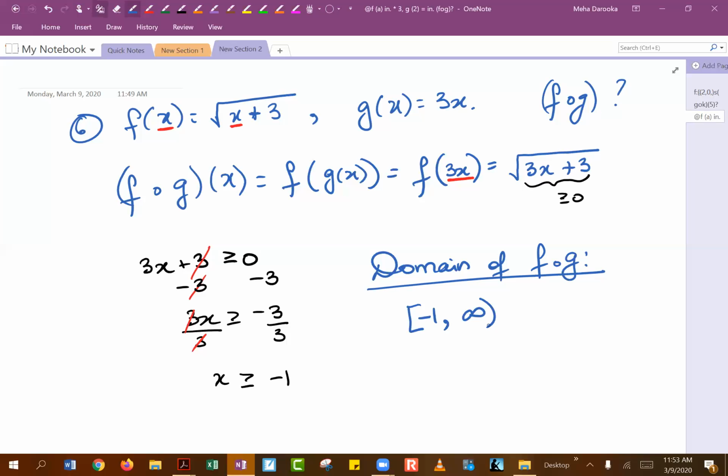Now, because this is a square root, and square roots cannot be negative, the minimum value we can have in there is -1, because if I put -1 in here, I get -3, and -3 added with +3 is 0. So that's the smallest value we can use. -1 is okay, but if I put -2 in there, I'm going to get a negative answer, which defeats our purpose. That's why -1 is the smallest value you can use for x.